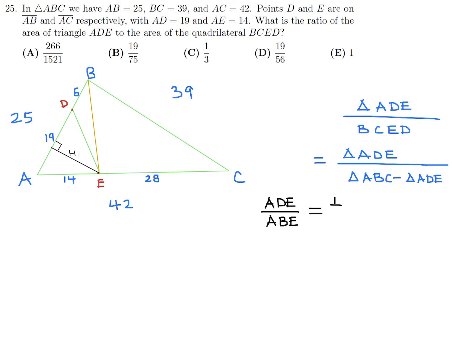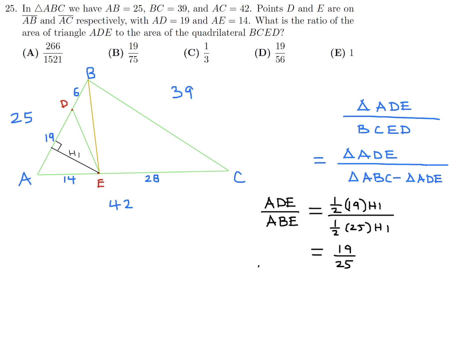ADE, 1/2 base, what is the base of AD? It's 19, correct? Times height, the height I just drew, H1, all over ABE. ABE, the base is 25, 1/2 times 25, and it has the same height. So this just boils down to 19 over 25.